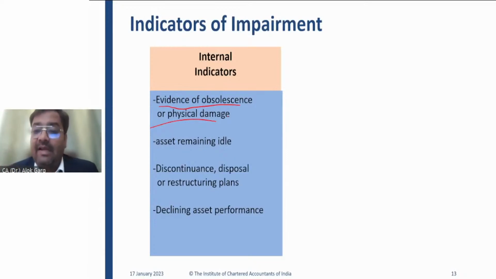If the land prices are shooting up, of course, the building is situated on the land only, na? Then the value of the building will go up, right? So there could be a scenario, but yes, if there is evidence of obsolescence or physical damage, this is an indicator of impairment. But there could be a scenario where, instead of the value going down, the value could be increased due to the high demand. It could be increased, right?